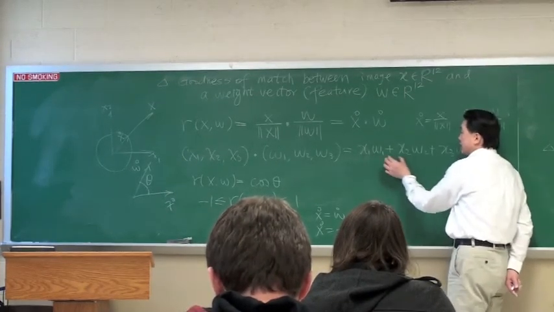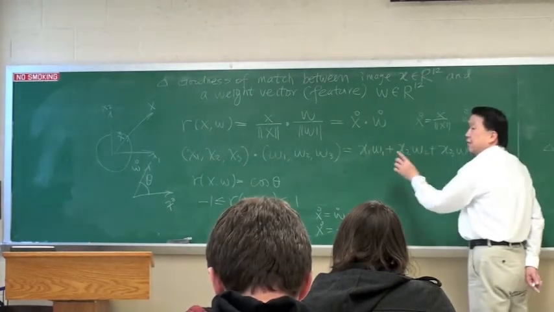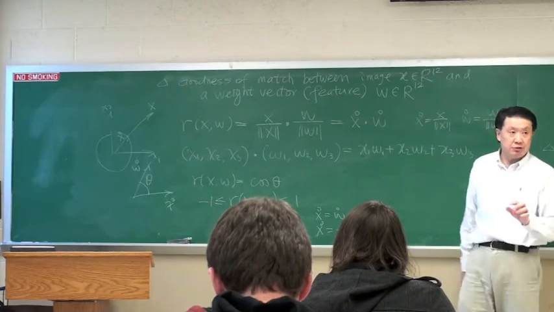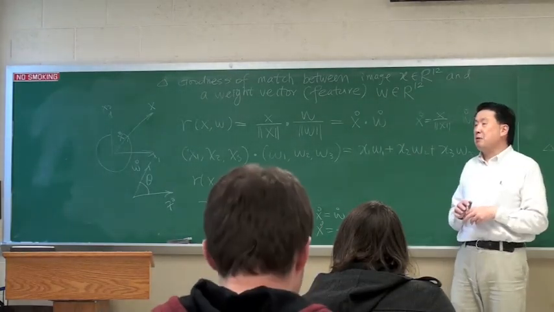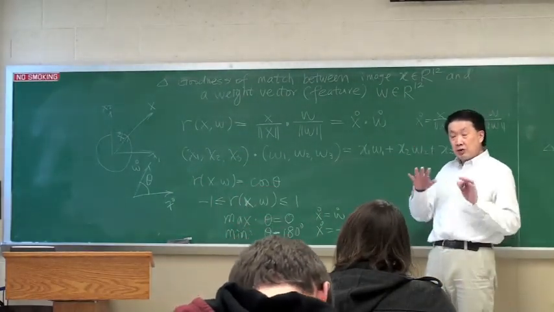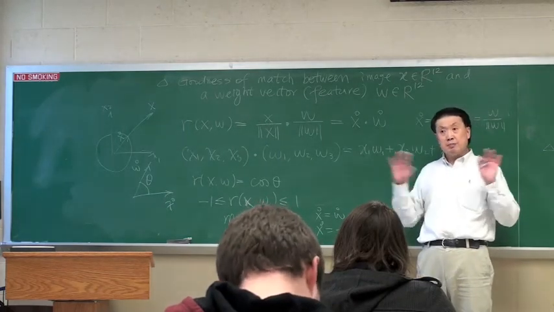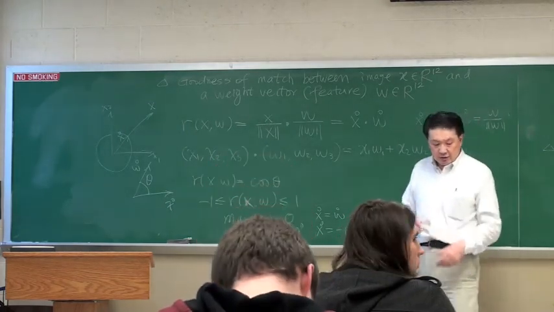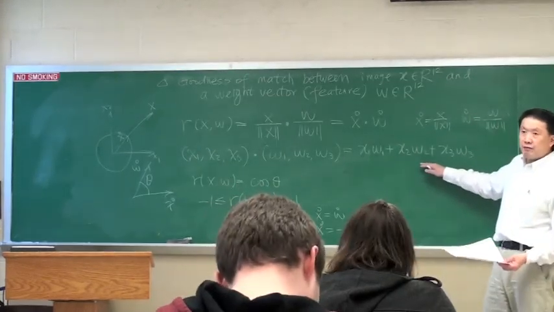This is one channel, this is another channel, and many channels all add up to the membrane potential. If the membrane potential is high enough, we fire. Fire means, aha, a good match. I'll get to how you can fire, because a neuron will not be able to fire on its own. The neuron has to compete with others. We'll get to that. So right now, this inner product is roughly what the brain is doing.